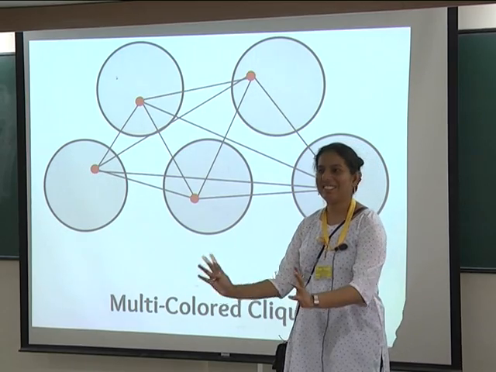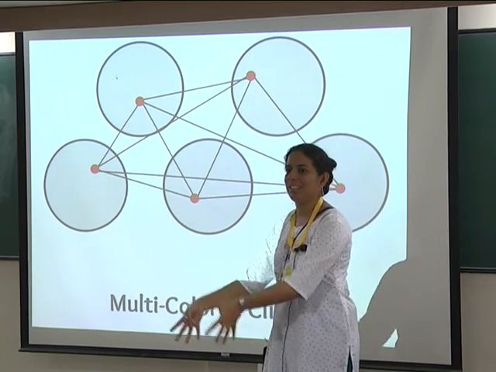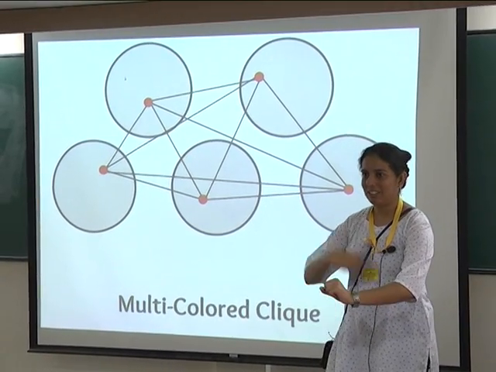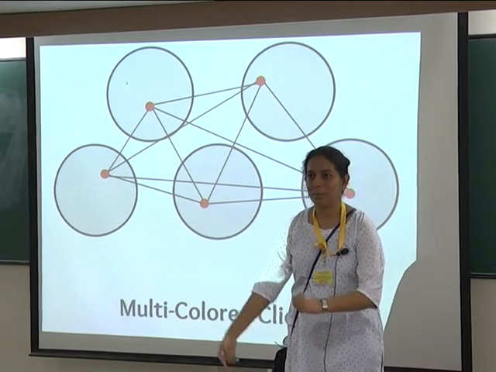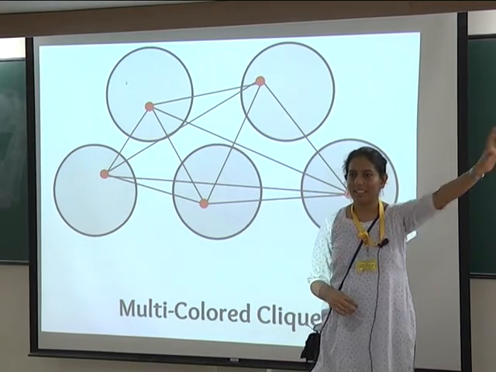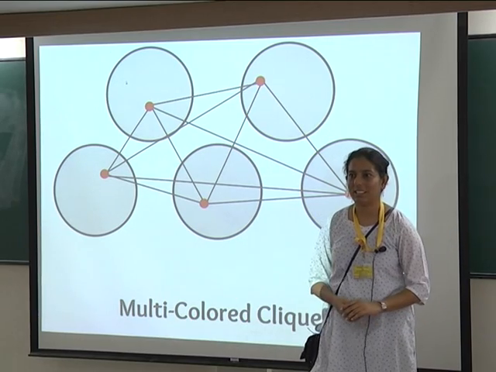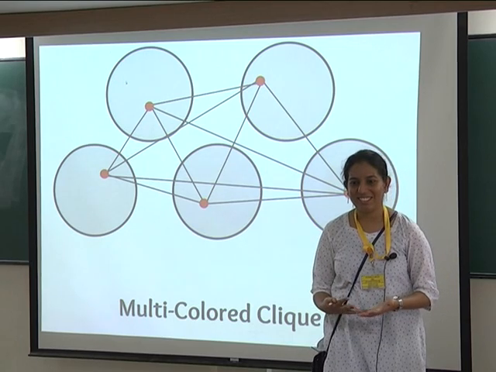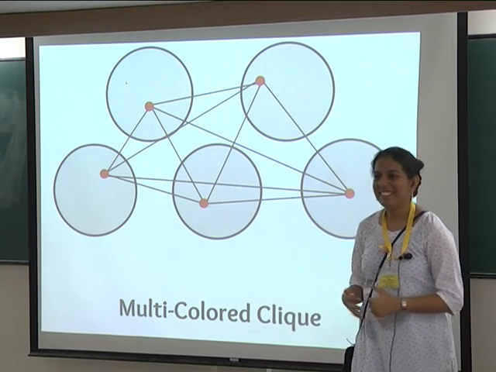So you partition the graph at random: for every vertex, you choose one of the k colors with probability 1 over k. Then with high probability, the clique has actually translated into a multicolored clique. Repeat this reduction something like e to the power k times.